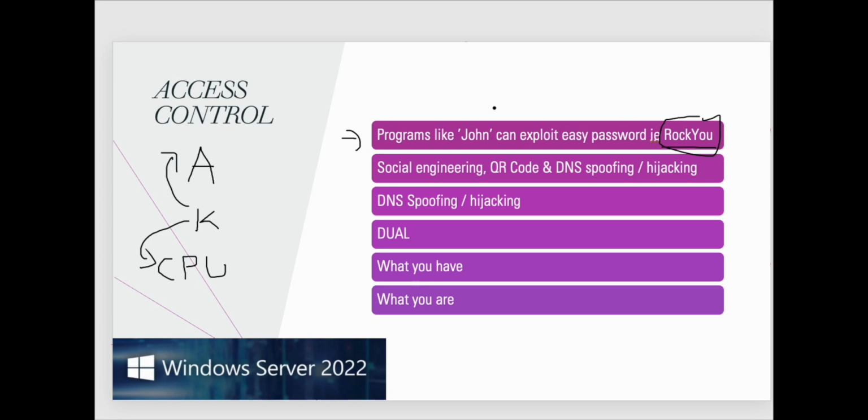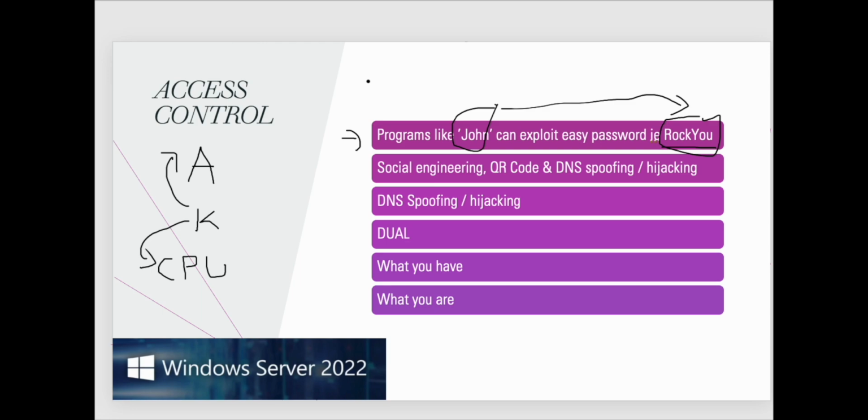So this program called John actually references anything you ask it to, but it's generally going to be referencing a file, and Rocky was one of those files that was out there that had literally every easy to guess password. It literally had thousands of entries, so John could utilize a brute force attack to get to this.